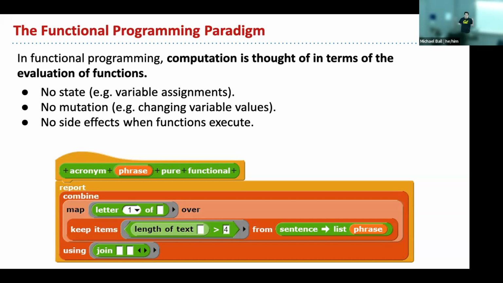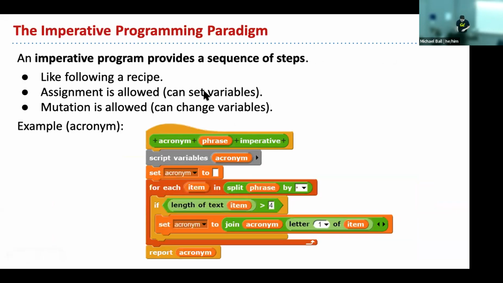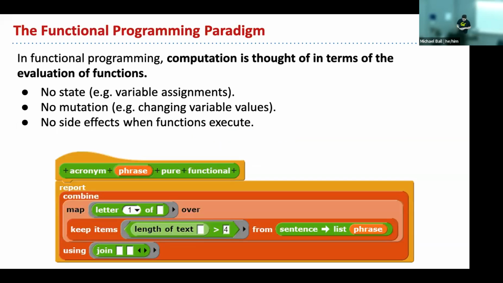It's just one expression, admittedly kind of a large expression, but the result of each function just passes right into the other. So in this case, we say keep the items where the length of our list is greater than 3 over a list which is using this block sentence to list. Sentence to list is just a block of the split function actually. Then we map the first letter over that list and we combine things using join.